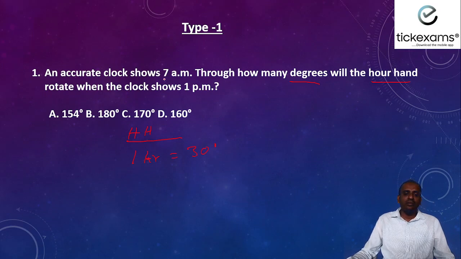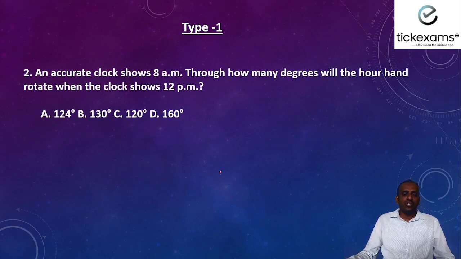Now we should understand how much time it has actually taken. 7 a.m. to 1 p.m. is 6 hours. So for 6 hours it covers 6 into 30 degrees, which is 180 degrees. Therefore the answer is option B, 180 degrees.